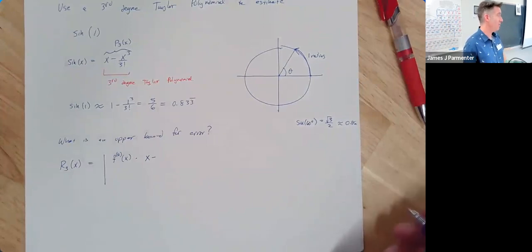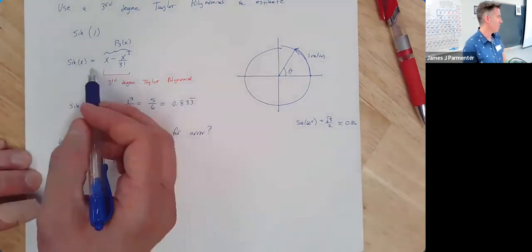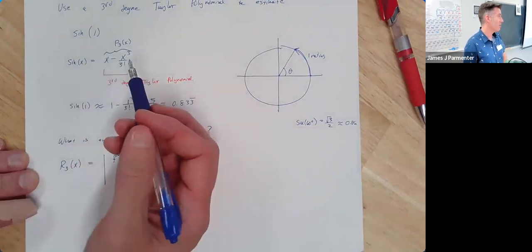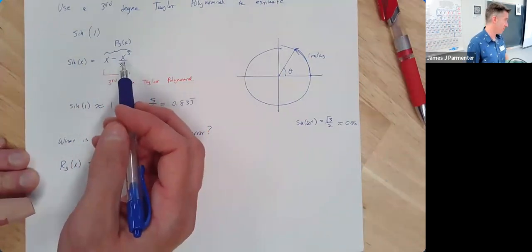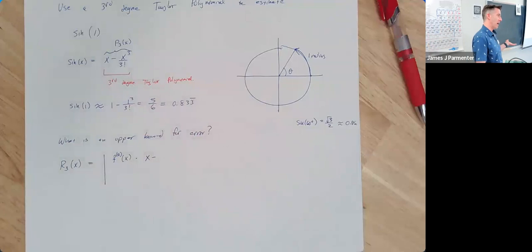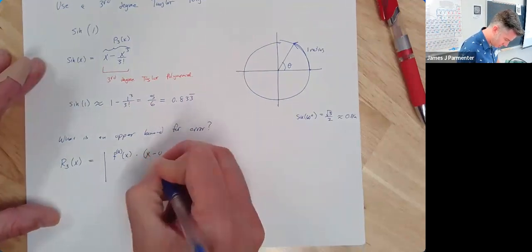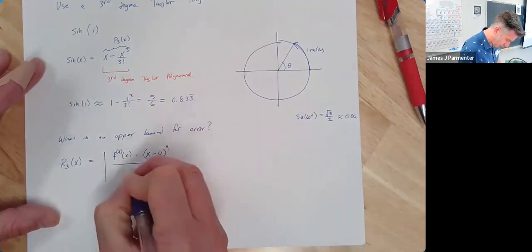Yeah, 0. How do we know it's 0? By the way my Taylor polynomial is written, right? Looking at that, I have x minus 0 minus x minus 0 cubed over 3 factorial. Usually if someone is asking to use sine, we are automatically just centering it at 0 because that's the typical way to do it. Same is true for cosine and for e to the x and for 1 over 1 minus x. Okay, so x minus 0 to the fourth all over 4 factorial.